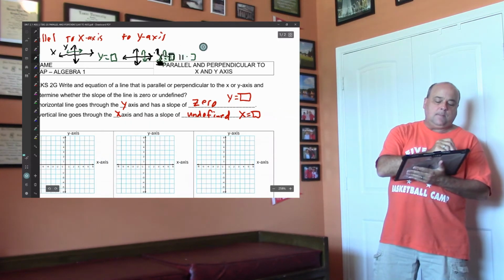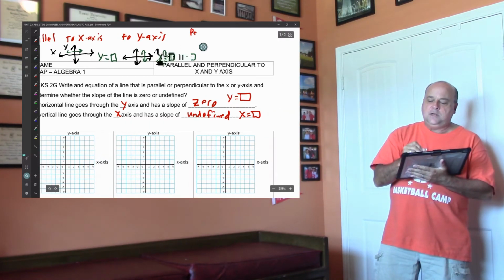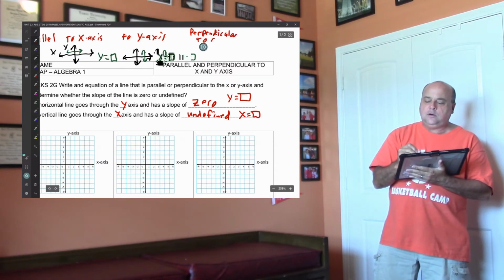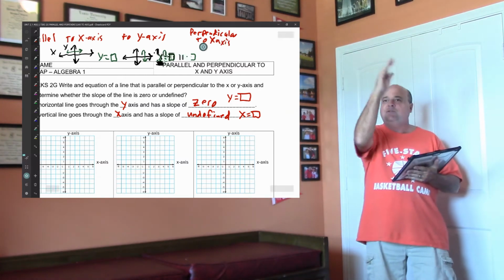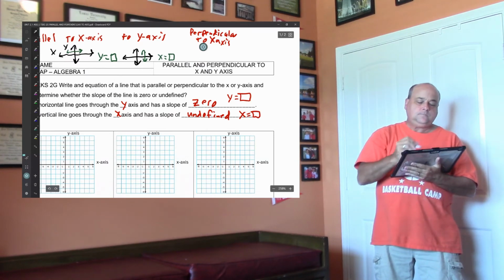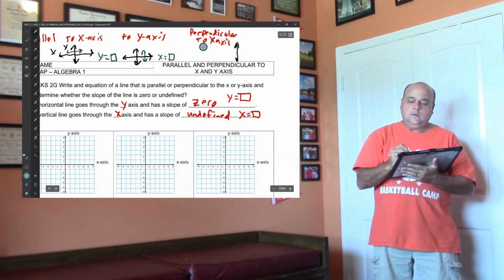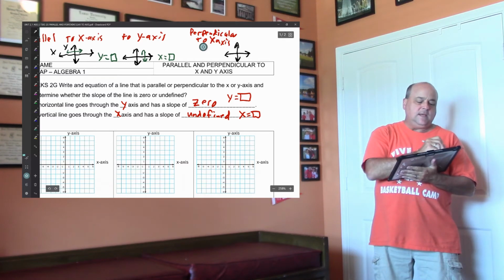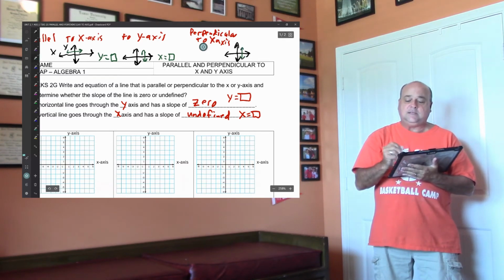And lastly, what about perpendicular? If it's perpendicular, and this is hard for students. If it's perpendicular to the x-axis, draw an xy axis. If it's perpendicular to the x-axis, it's going to go through the x-axis, right?